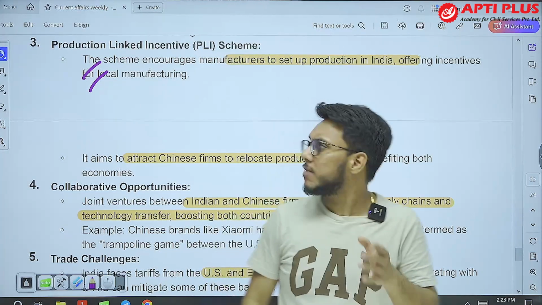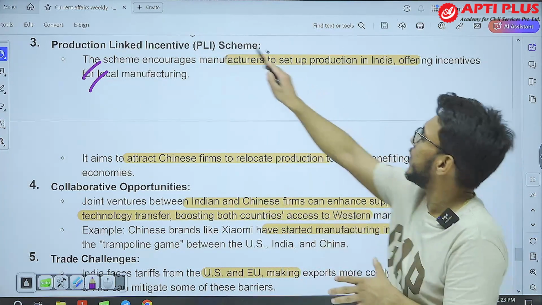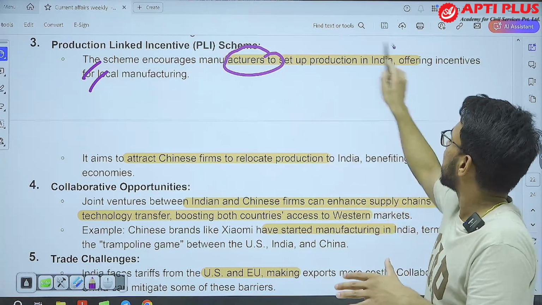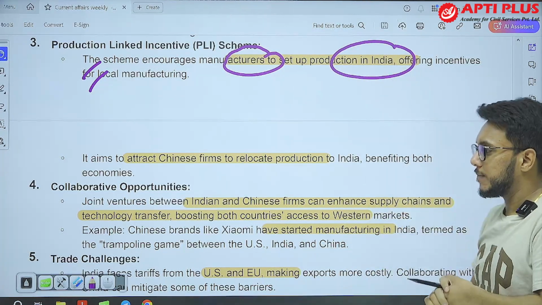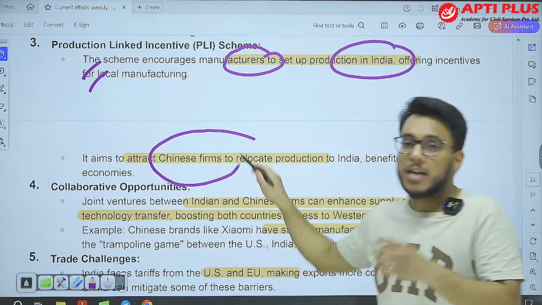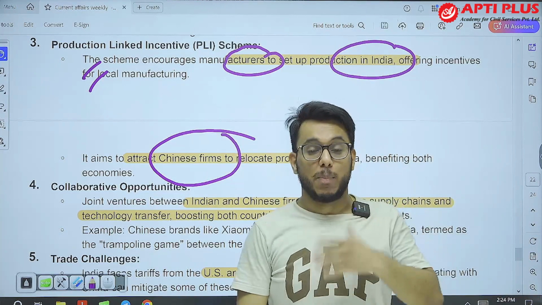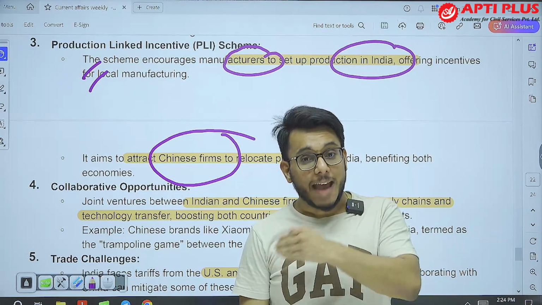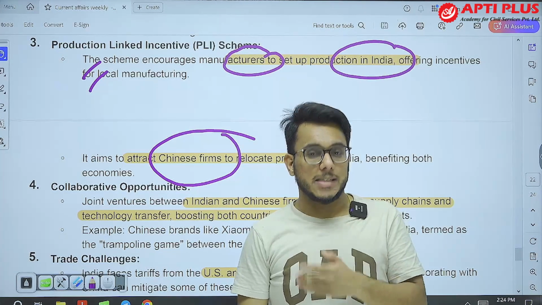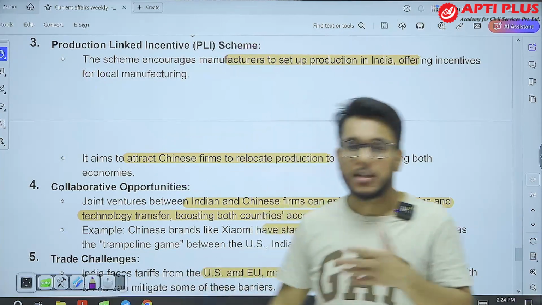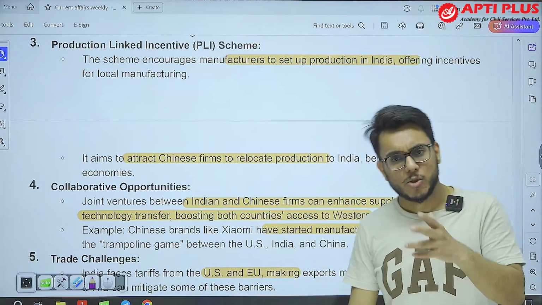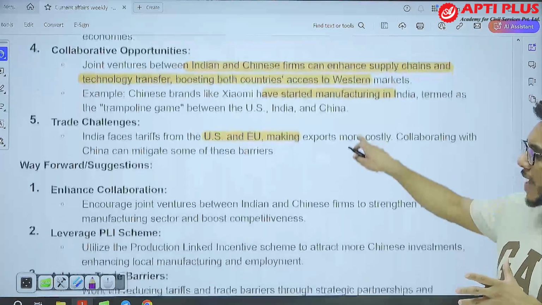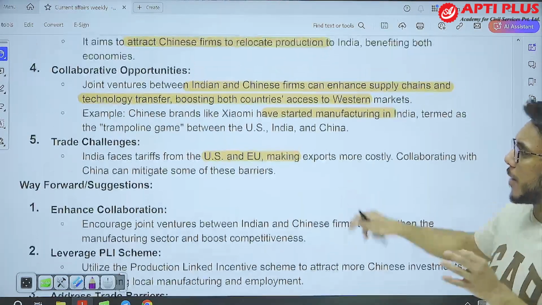And what is happening? A large number of manufacturers are coming and setting up their production in India. Big Chinese manufacturers can be attracted to India through this PLI scheme, because anyhow they are suffering in the market as the Western perception is not good towards China. So this can be a good collaboration.